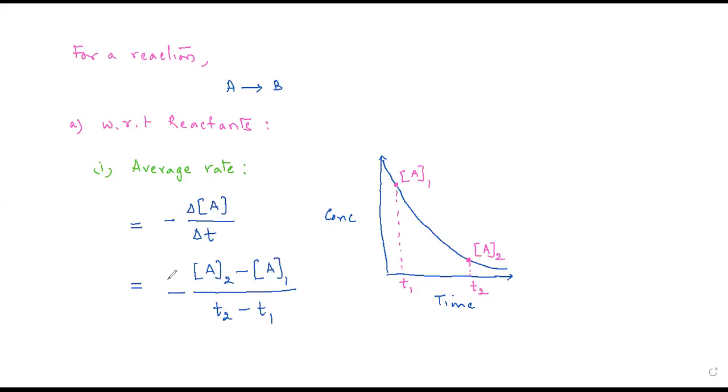Okay. Now this is average rate. Here this delta refers to finite change, measurable change in the concentration of A, finite change in the concentration of A in finite interval of time, delta T, right?